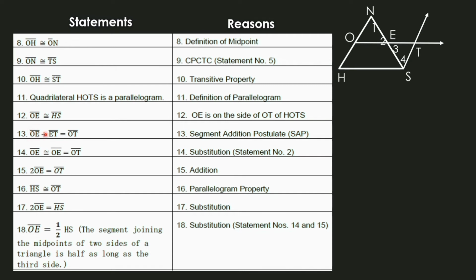Next, OE plus ET equals OT. That is segment addition postulate. Next, OE plus OE is equal to OT. That is substitution in statement number 2. So, statement number 2, OE is congruent to ET. Next, 2OE is equal to OT. So that is addition.